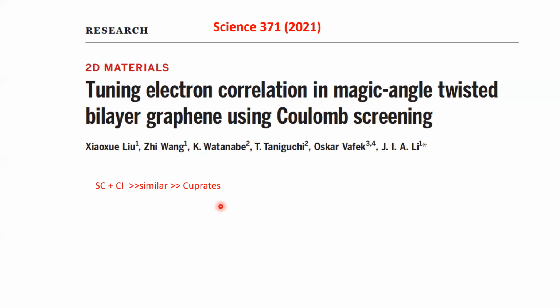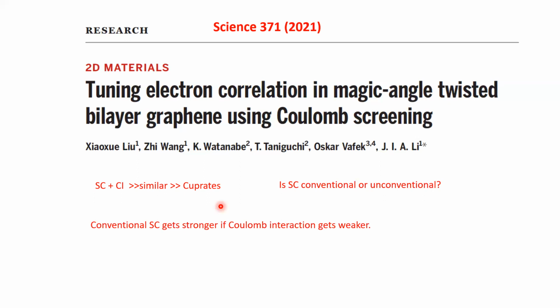Now, the basic precise question is: is superconductivity conventional or unconventional in twisted bilayer graphene? So far, in the twisted bilayer community, the method used to answer this question relies on the fact that conventional superconductivity gets stronger if the Coulomb interaction gets weaker.